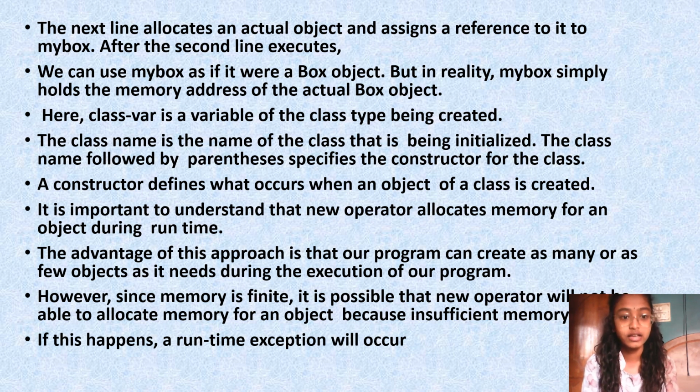It is important to understand that the new operator allocates memory for an object during runtime. The advantage of this approach is that our program can create as many or as few objects as it needs during the execution of our program.